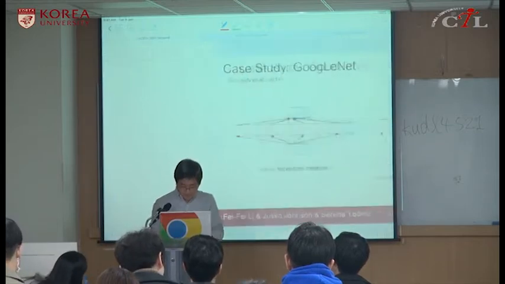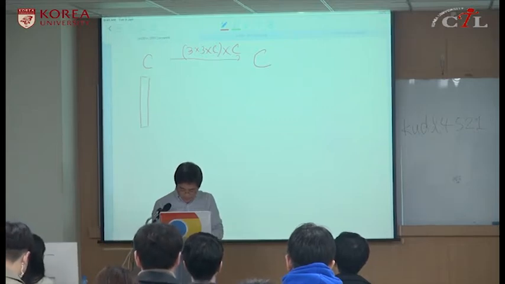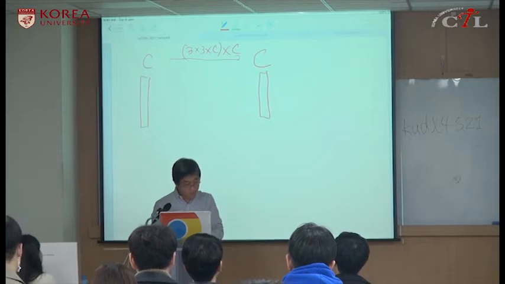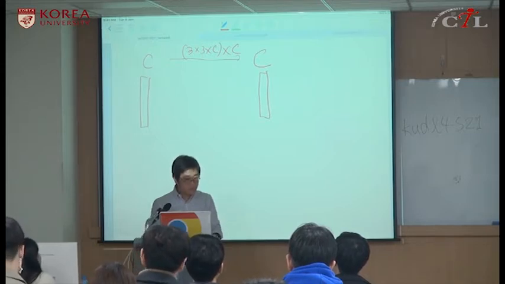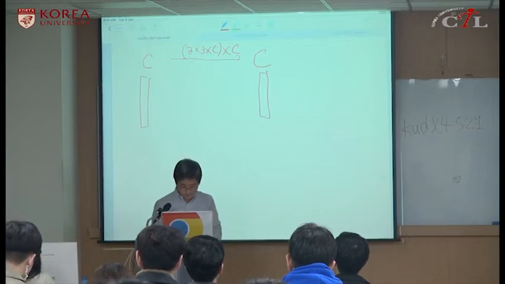So we can draw our convolutional layer in terms of the input and output activation map depths or channels in this form, C and C, okay?